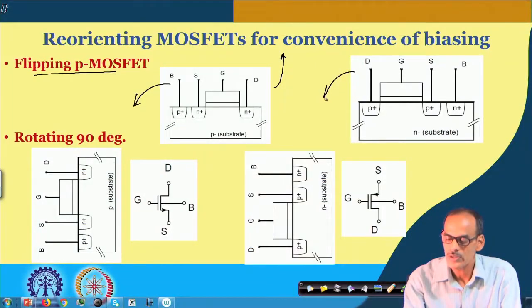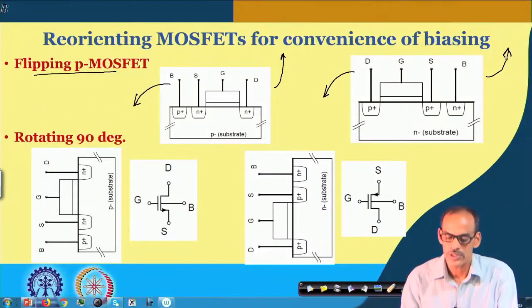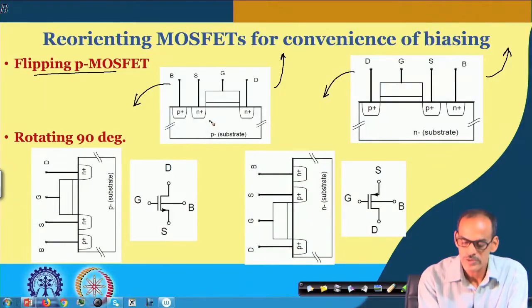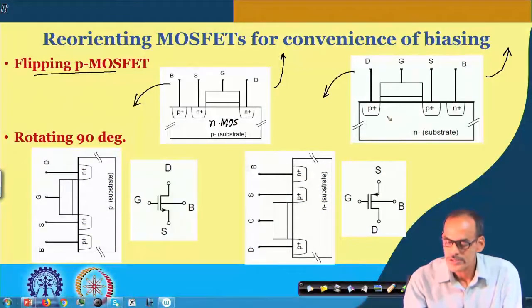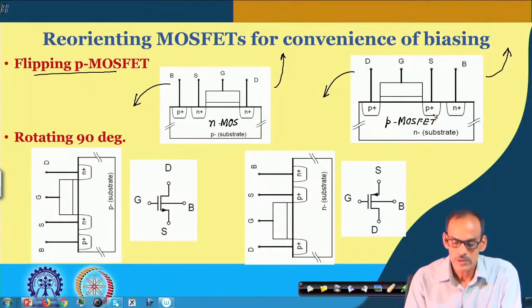So, now here also we can rotate the device in the same way as we are rotating the NMOS device. So, this is of course the NMOS device, and this is PMOS. First thing is we have flipped it compared to the previous diagram, and then we rotate it 90 degrees.